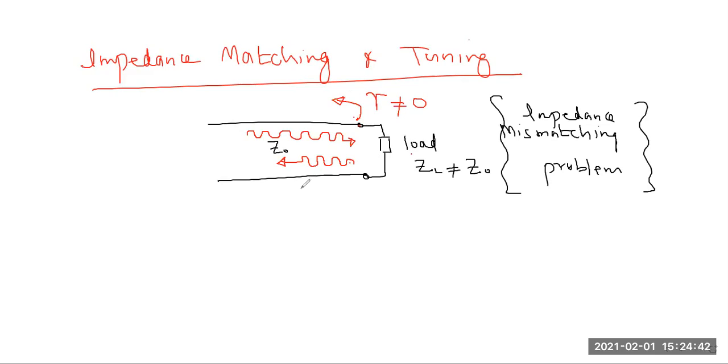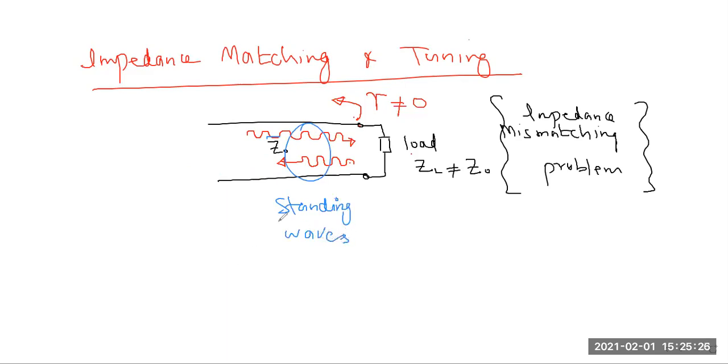We don't want this to happen, because this signal traveling back to the source is a wastage. Our objective is that this signal coming back towards the source should not be there on the transmission line, because now we have a system where the signal is traveling in both directions. So we have a forward wave and a backward wave, and these two waves combine together and create what we call standing waves.